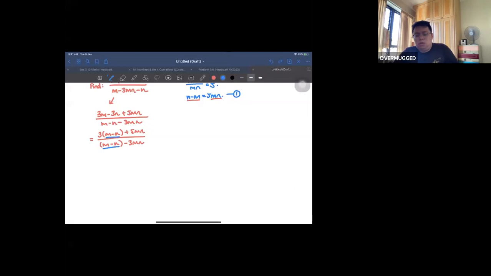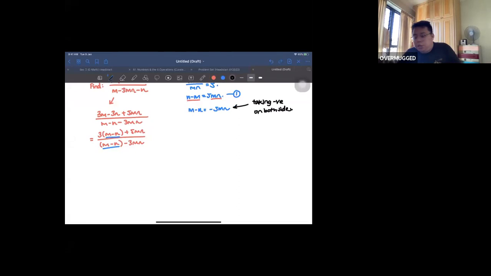It's like a minus b, but the equation given to me is b minus a. How to settle this? There is a trick: take the negative on both sides. You introduce a minus sign to both sides and get m minus n equals negative 5mn.